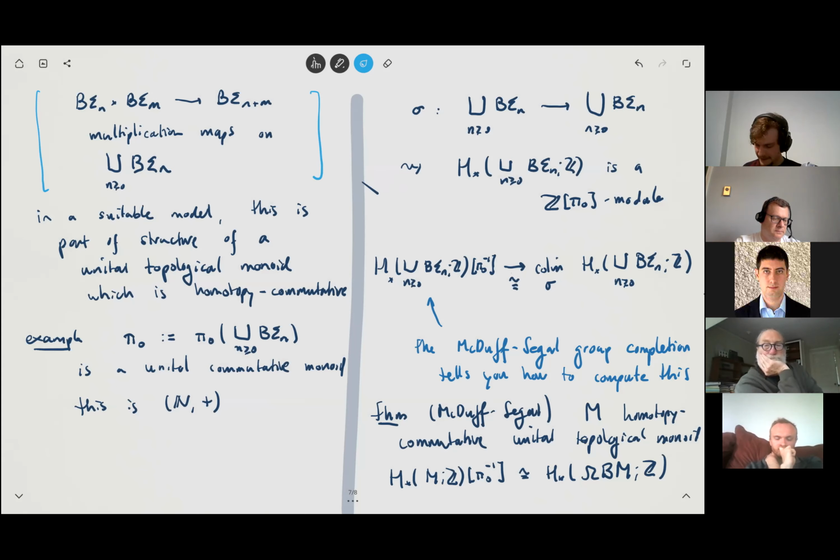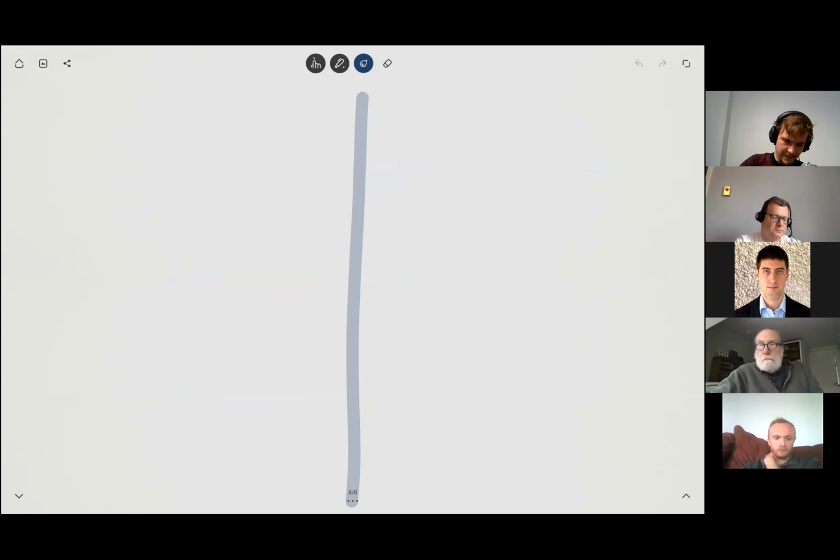Okay, so I have to tell you what loops of BM is and then give you the answer in the case of symmetric groups. So, I mean, loops is just based loops at some base point I'm going to give in a second. BM is very similar to the construction of BG.